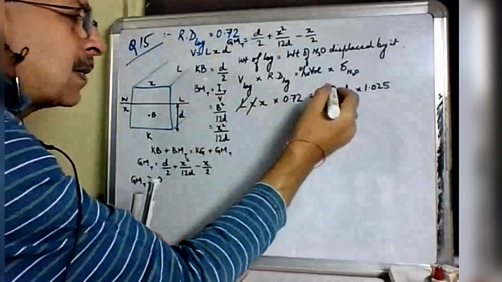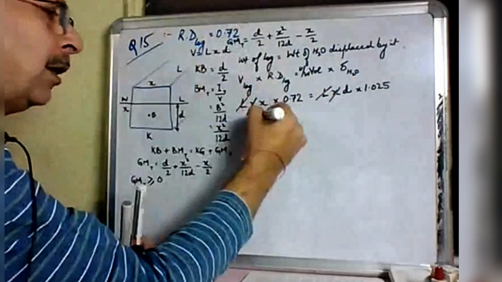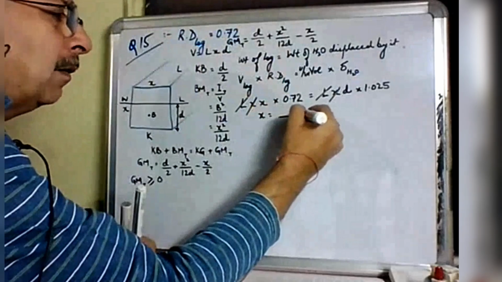Length cancels. You get x is equal to something d.